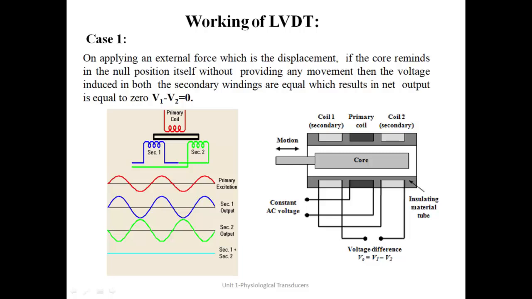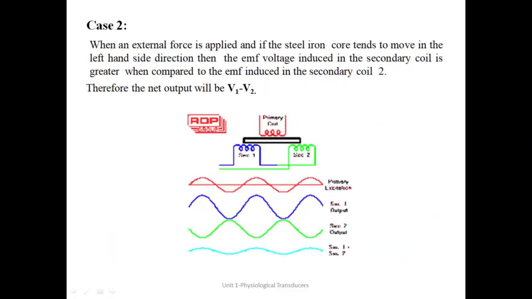So the net output that we are measuring becomes 0. Now in case 2, if you see in this figure, the core has moved slightly towards the left. That means it has moved towards secondary 1. So in magnitude, the blue colored output is now slightly higher as compared to the green colored magnitude.